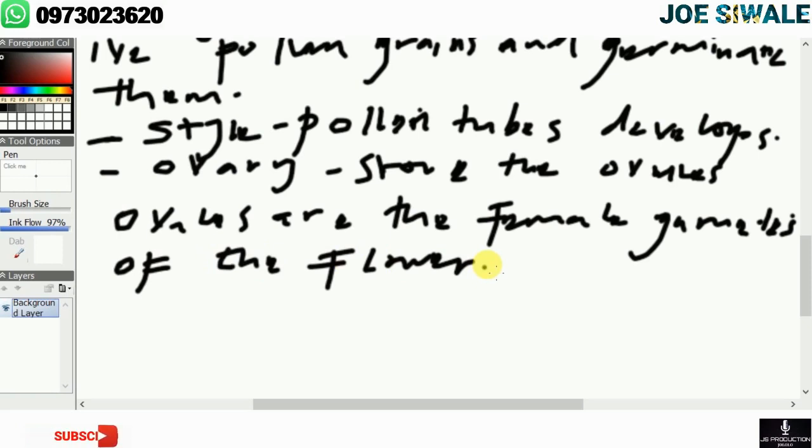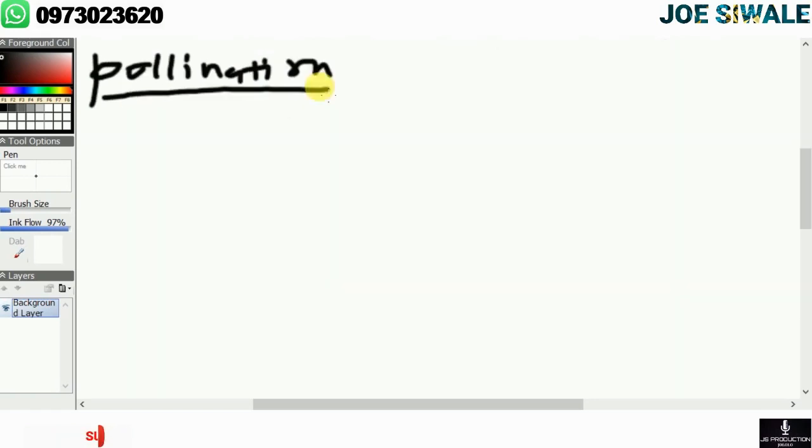Let us now look at pollination. So pollination is defined as the transfer of pollen grains from the anthers to the stigma of the flower. That's pollination.